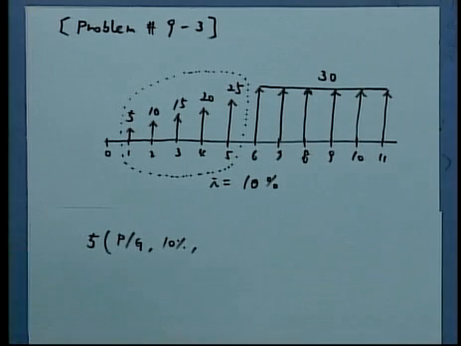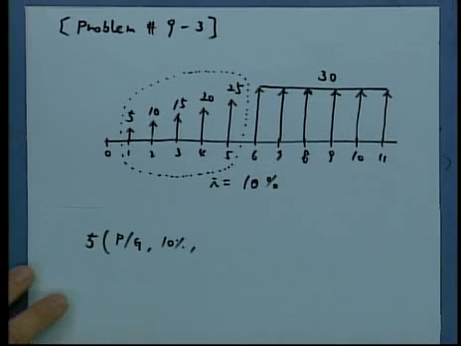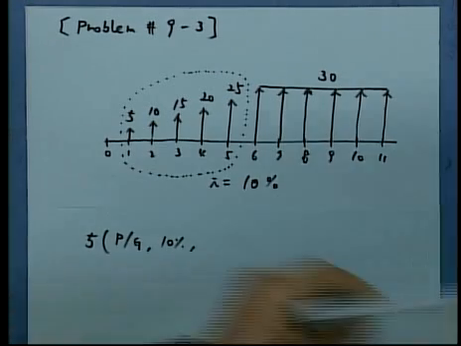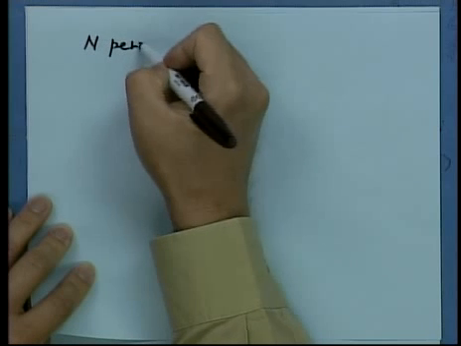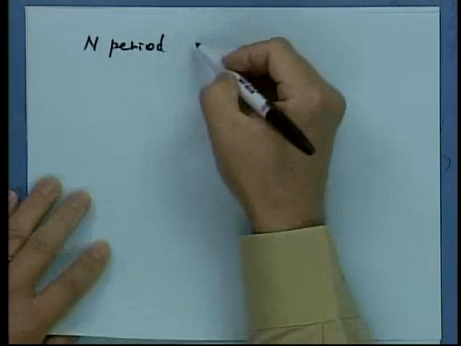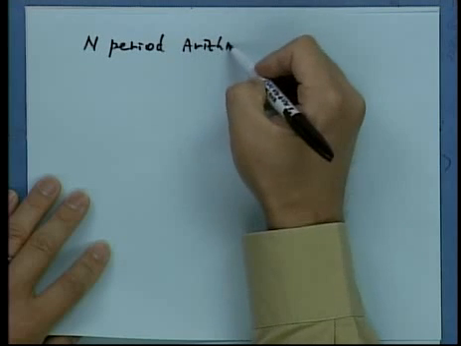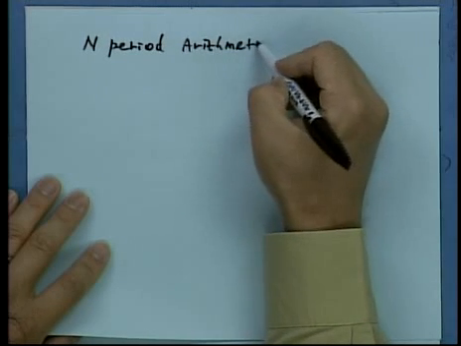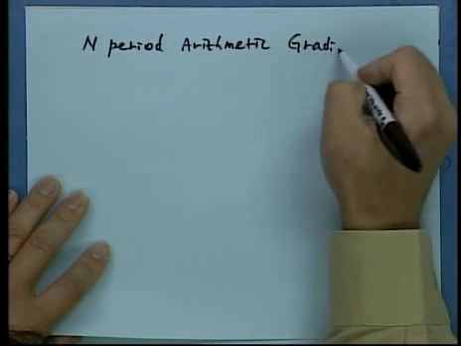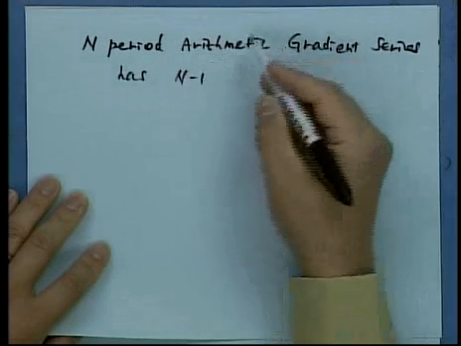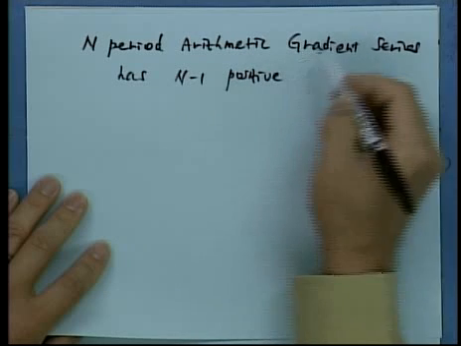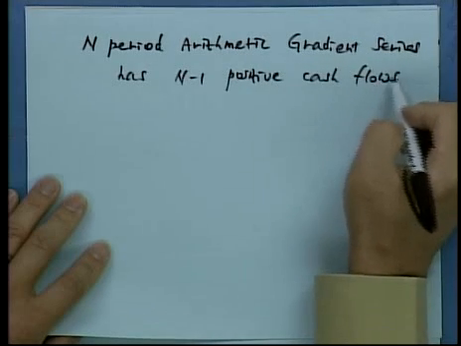And you've got to be careful. You remember, the n period arithmetic gradient series has n-1 positive cash flows, right?